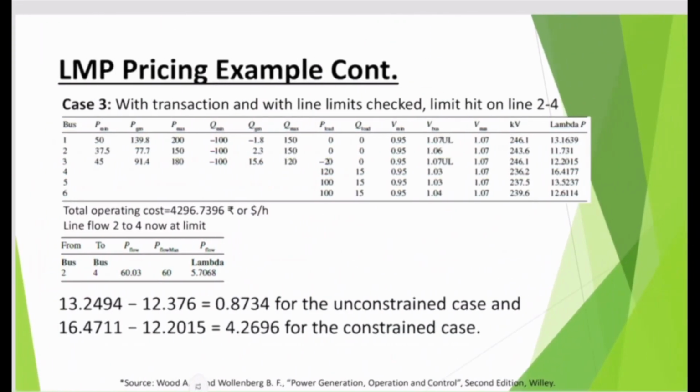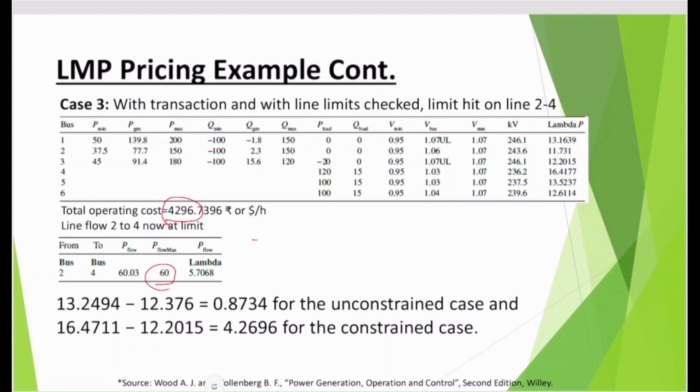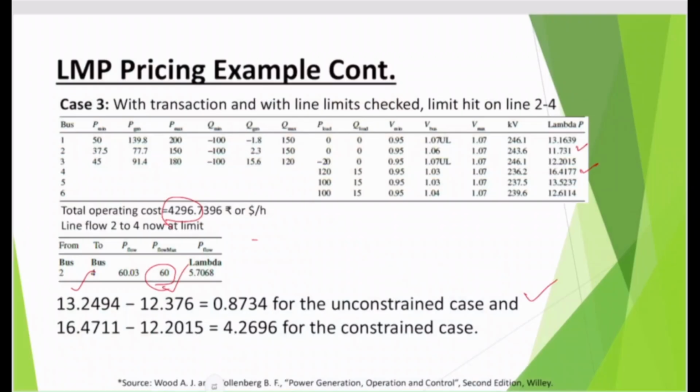But if you also put in line limits, then the cost will further increase to 4296. So if you have to maintain the line constraint at 60 instead of no constraint on your line, the cost has increased up to 4296, and you obtain different LMPs with line flow constraints.